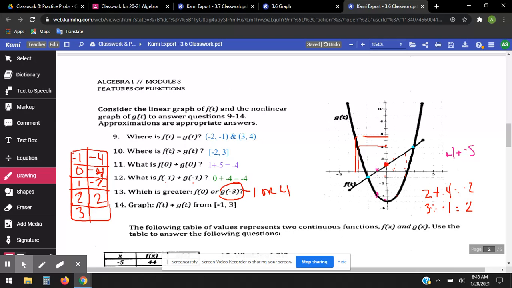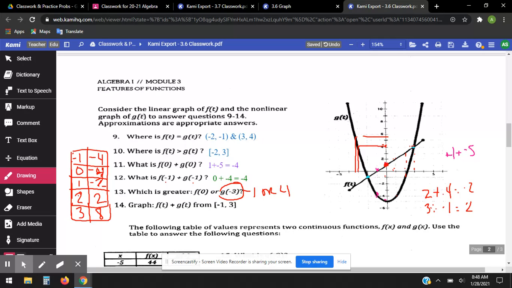And if I go to the 3's, they were both 4, right? That was one of the points where they were equal. So 4 plus 4 is 8.